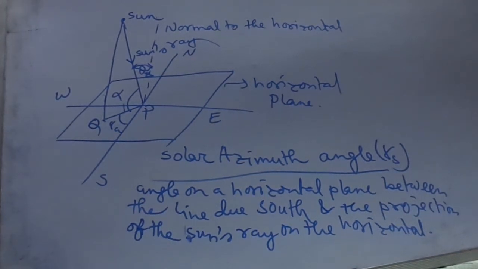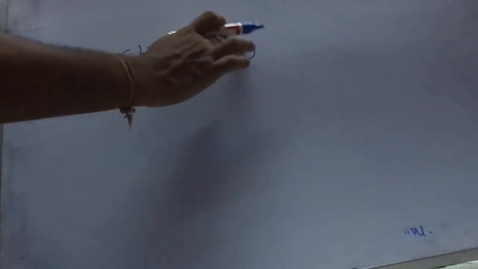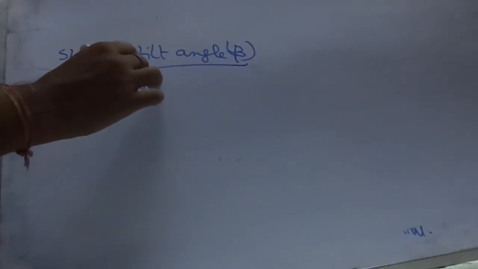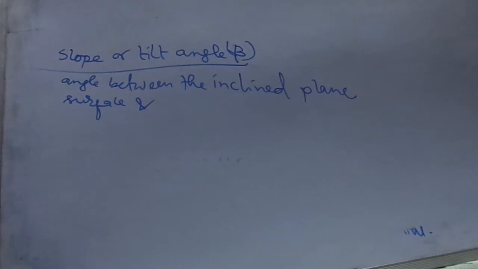Slope angle or tilt angle beta is the angle between the inclined plane surface under consideration and the horizontal.